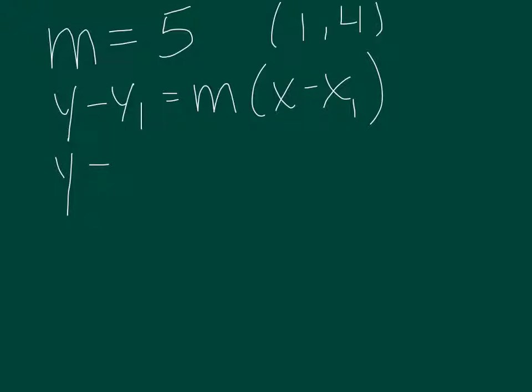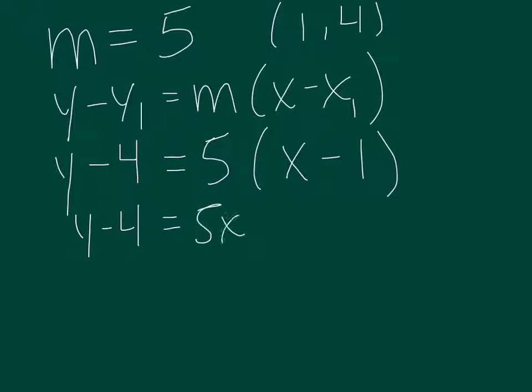So now if we just use that point, y minus 4 equals the slope which is 5, times x minus 1. So now if we just simplify, y minus 4 equals 5x minus 5. So isolate the y, y equals 5x minus 1. And that is the equation for the secant line.